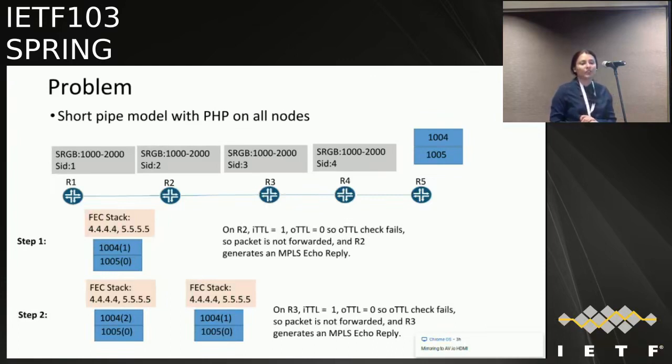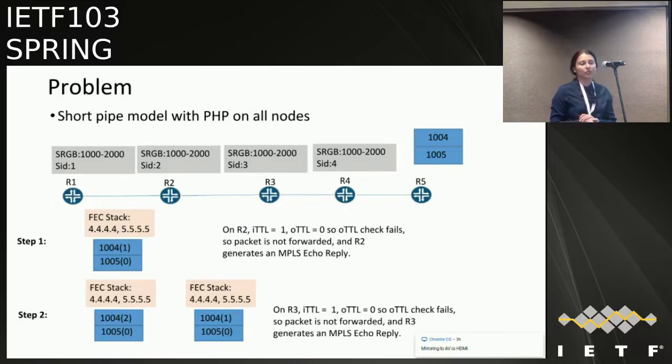So what we want to do here is to be able to trace this path to see where exactly the packets are going when we have this SR-TE path constructed on the head end. So we are doing an MPLS traceroute procedure from the head end.